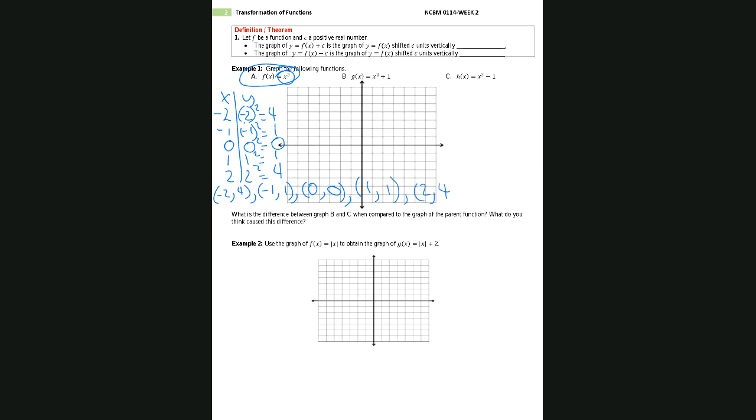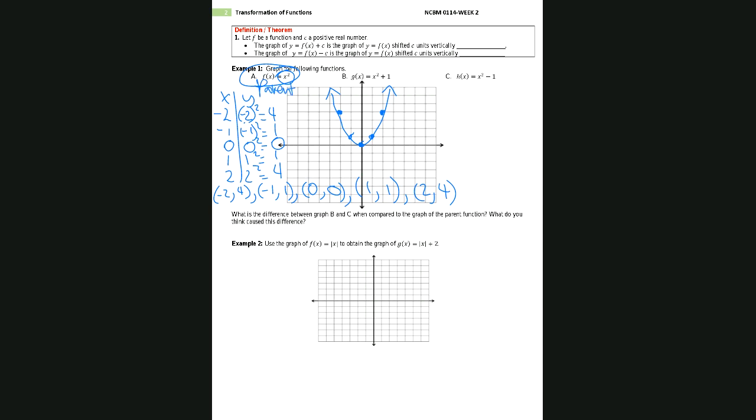So we're going to plot those points here. 0, 0, 1, 1, 2, 4, -1, 1, and -2, 4. And what I'm going to do is connect them with a smooth curve, no straight lines. And that is the graph of the parent function, the one that we have here.